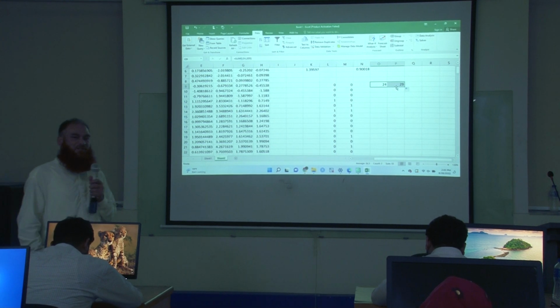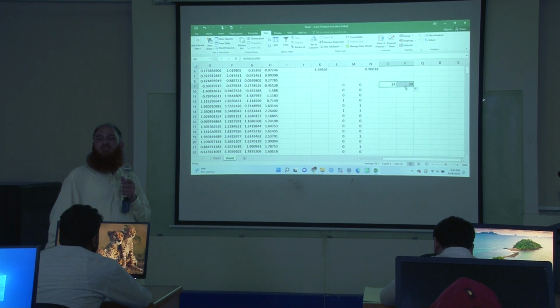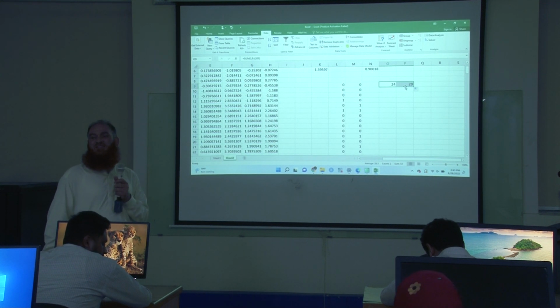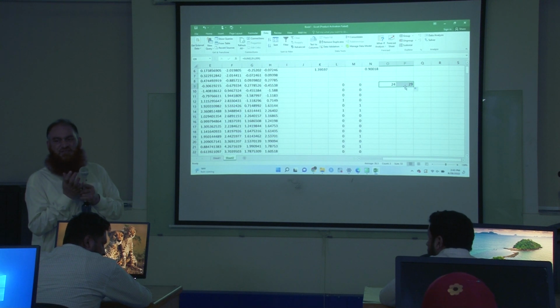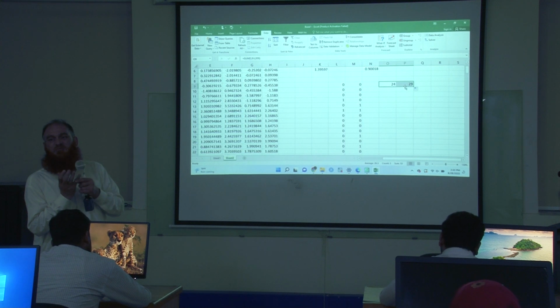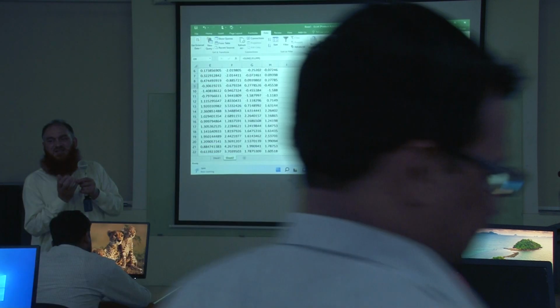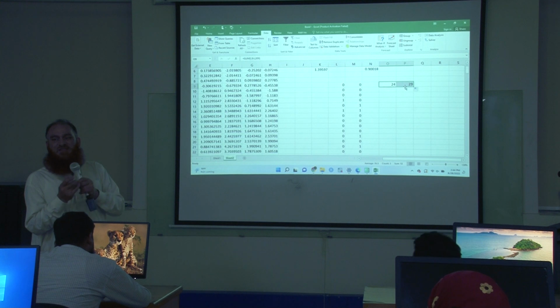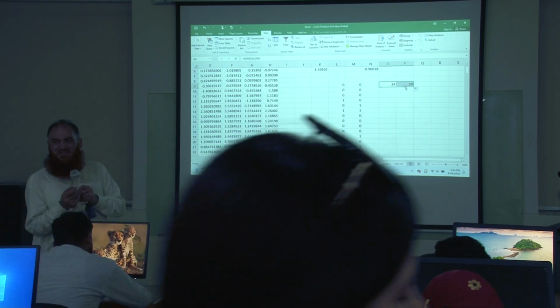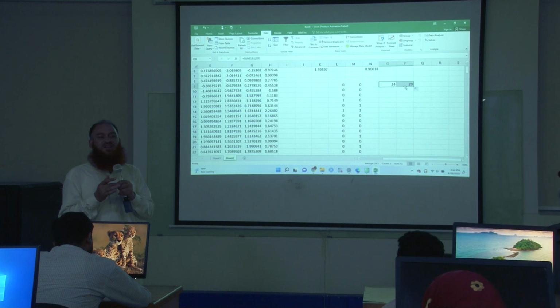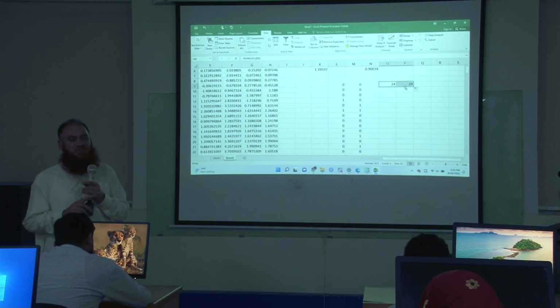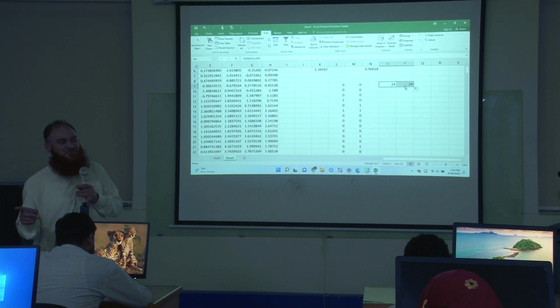But the issue is, what will happen if you adopt the co-integration analysis? First of all, you have to test for unit root. In unit root testing, you have to make number of decisions. You have to make decision about intercept. You have to make decision about trend. You have to make decision about augmentations, right? And then you have to make the choice of test. And then when it will come to co-integration, again you have choice of test. You can choose the Johansen co-integration, you can use the Engle-Granger, and you can use the ARDL.